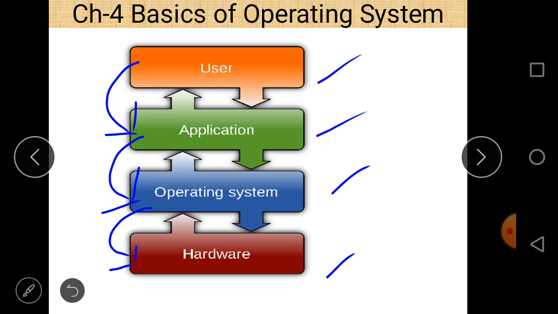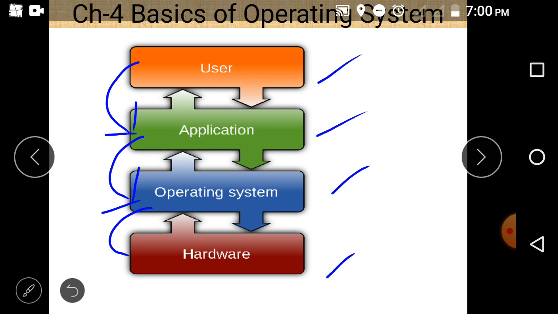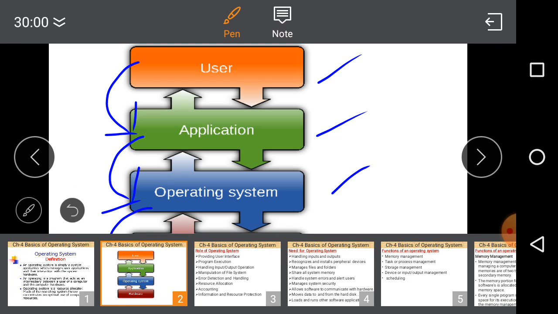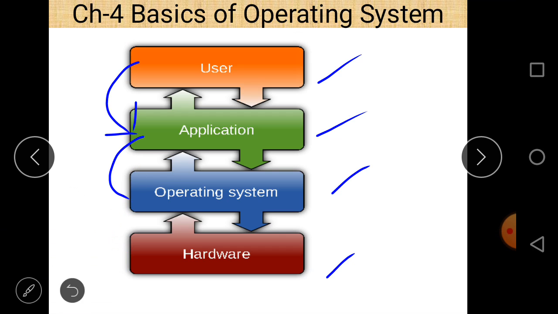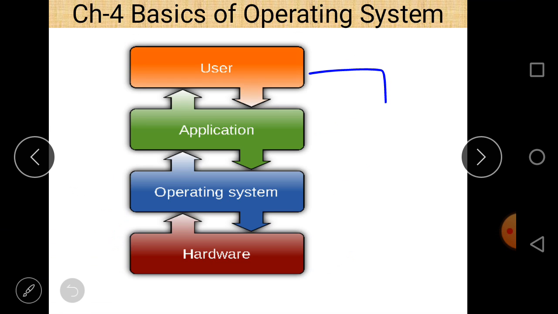So operating system works as an interface between the application software, or we can say the user, and the hardware. You can easily see that here is the operating system. So it works as an interface between the user and the computer hardware.